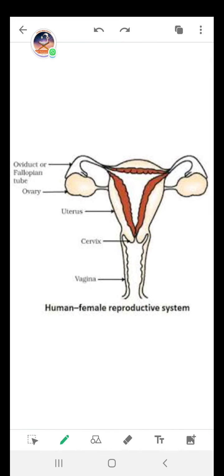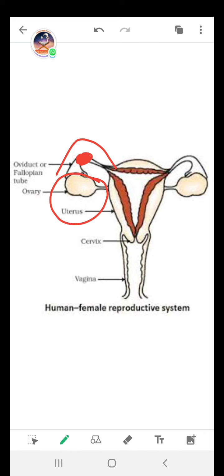So I will explain the function of these organs. First of all, I already explained the function of ovaries. Now, the function of the oviduct. In the oviduct, fertilization of sperm and egg takes place, means the fusion of the female gamete with the male gamete takes place in the oviduct.